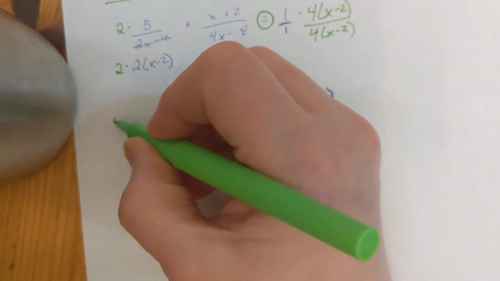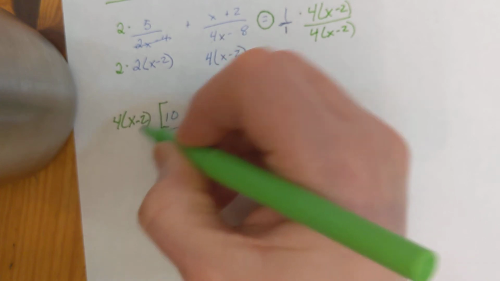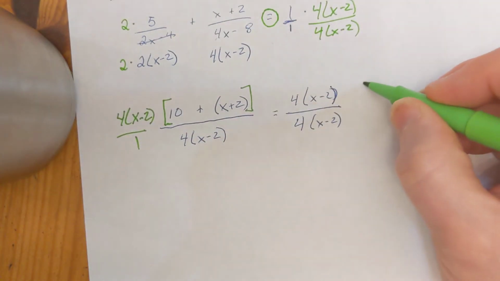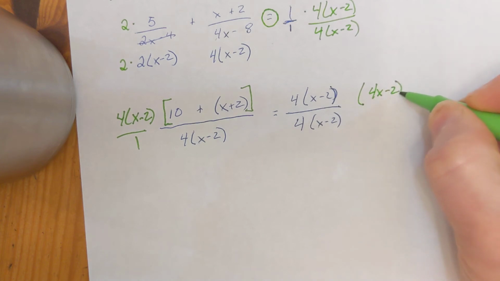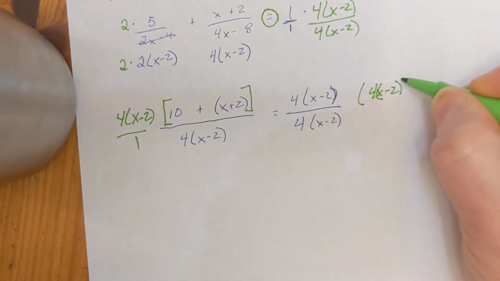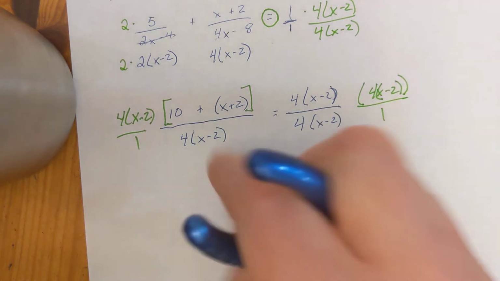So I can multiply this side by 4x minus 2 over 1. I can multiply this side by 4x minus 2 over 1.